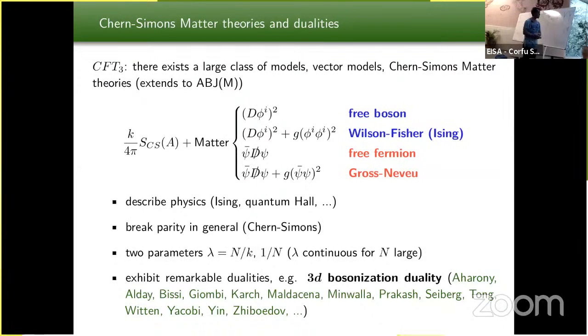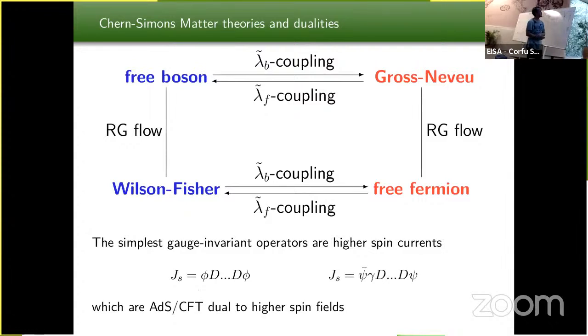And now, what is the conjecture of 3-dimensional bosonization duality? Remember the color: blue bosonic and red fermionic. So the conjecture is that these 4 theories coincide pairwise. So in the sense that if you couple this Wilson-Fisher to Chern-Simons, you have a 1 parameter family of conformal field theories parameterized by this lambda.